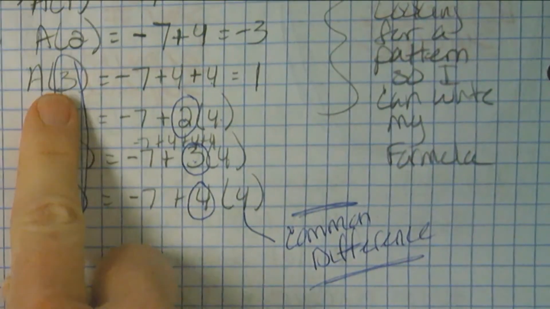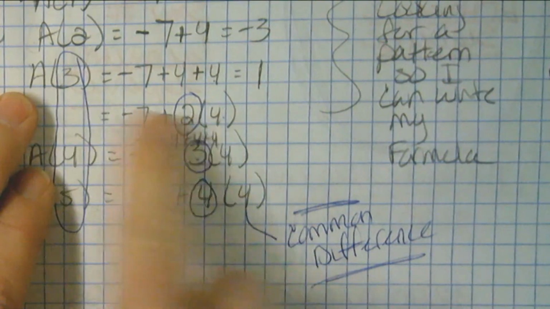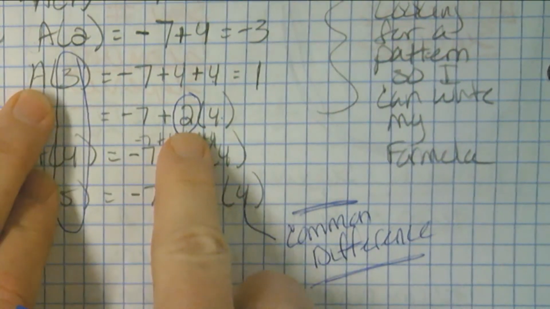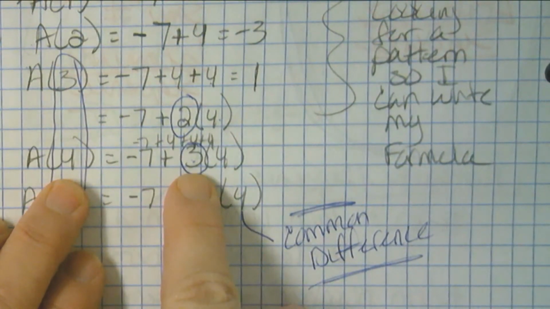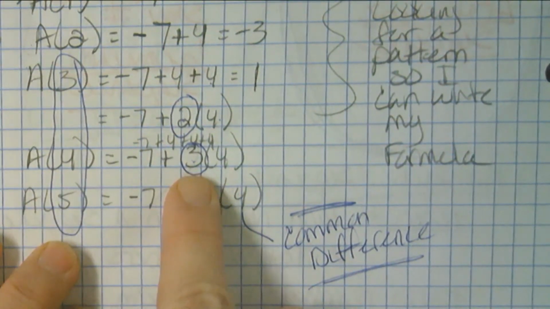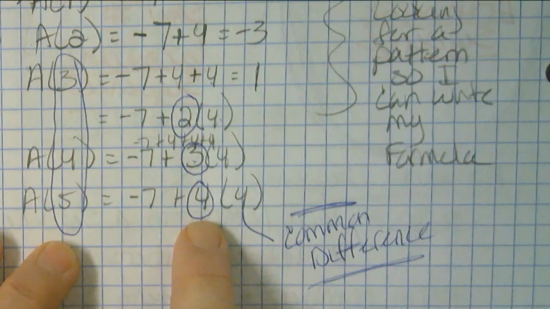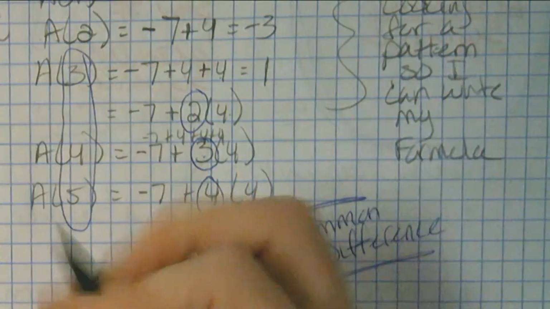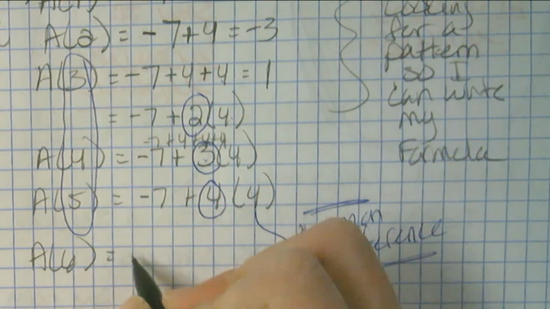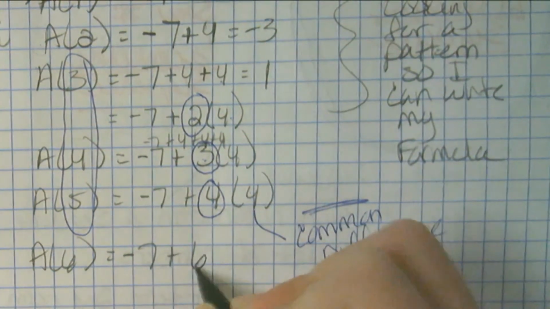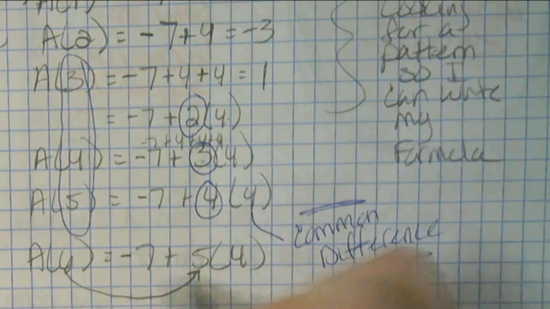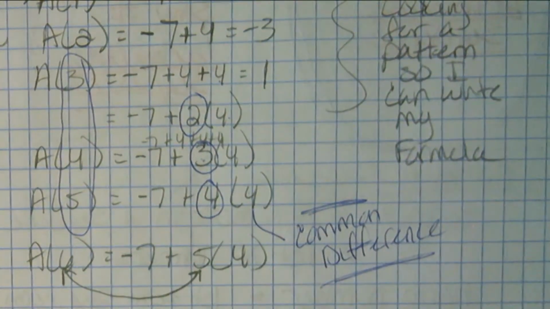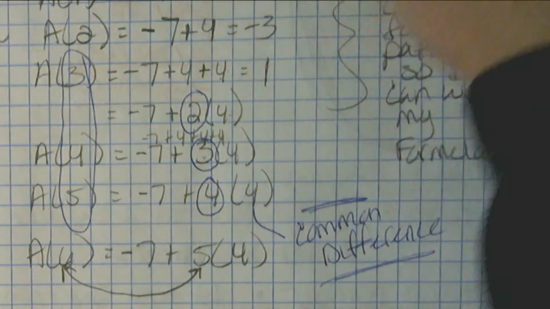So here in my third term, I'm multiplying my common difference by 2. In my fourth term, by 3. In my fifth term, by 4. In my sixth term, I'm going to be multiplying that common difference by 5.